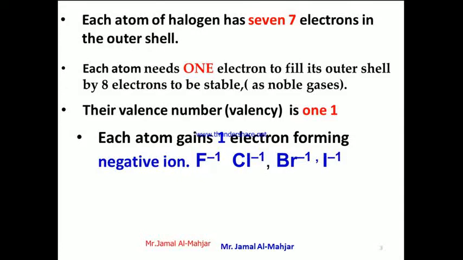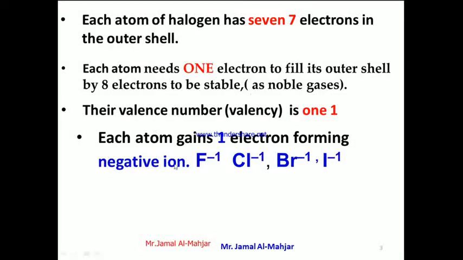If it's an atom without gaining, it is fluorine. But when it gains an electron, we call it fluoride. Chlorine changes to chloride, bromine to bromide, iodine to iodide. So as we know, sodium chloride, potassium bromide, or anything else.